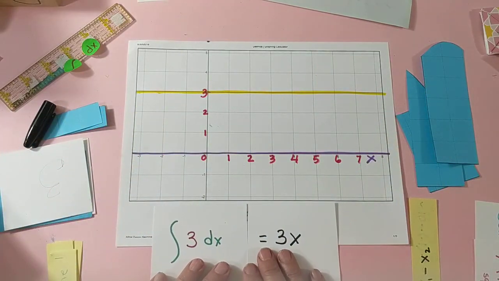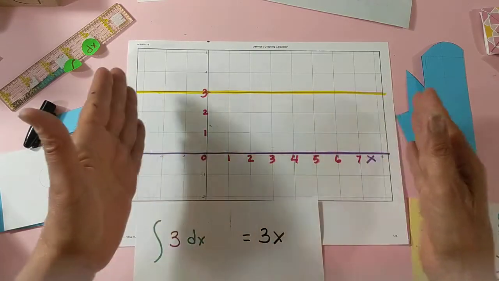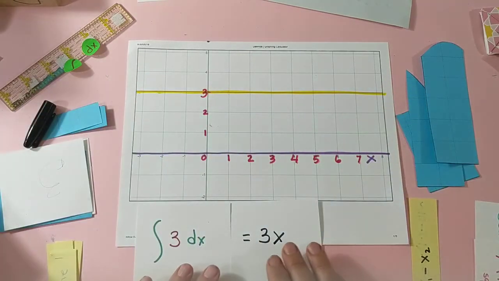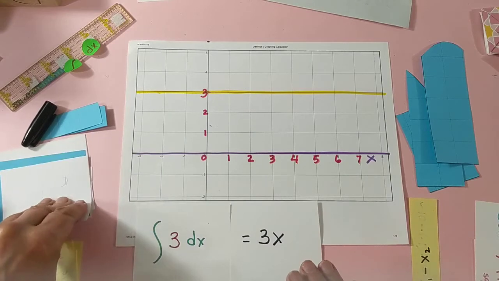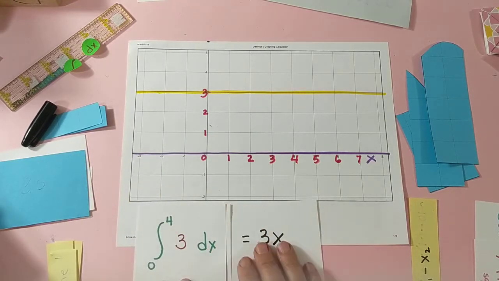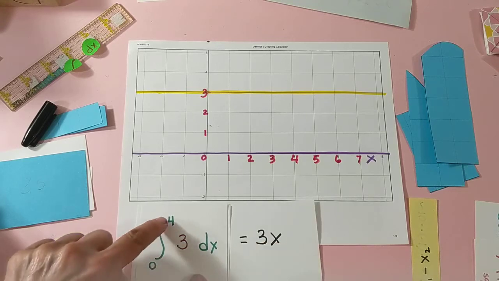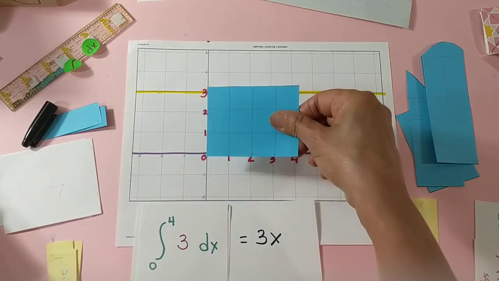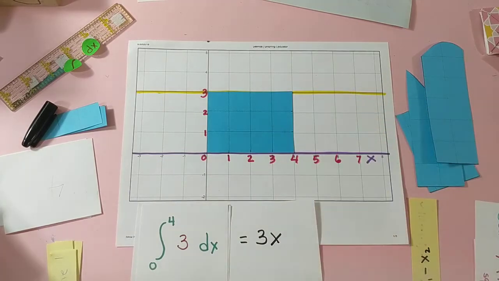What we have to do is decide what bounded area we want to find the area of, and so we create boundaries. Here I'm saying that I want my boundaries between 0 and 4. And there it is, between 0 and 4.